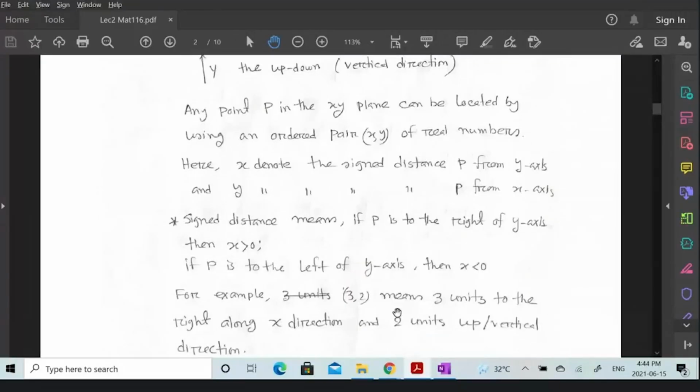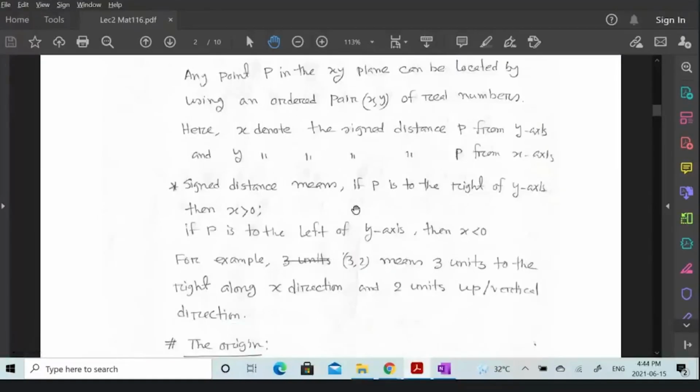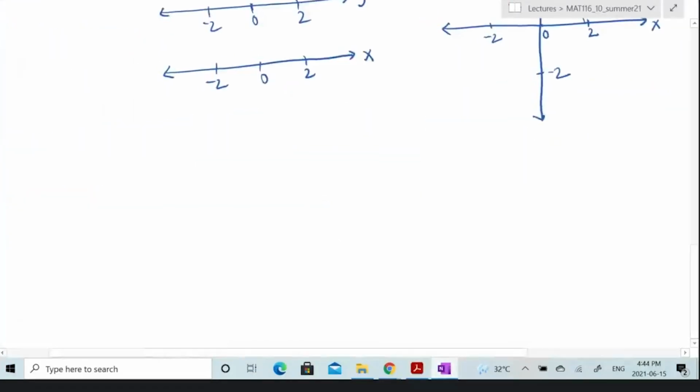Okay. Now it's telling us that signed distance means if P is to the right of the y-axis, then x is greater than 0, and if P is to the left of the y-axis, then x is less than 0. What does it mean?